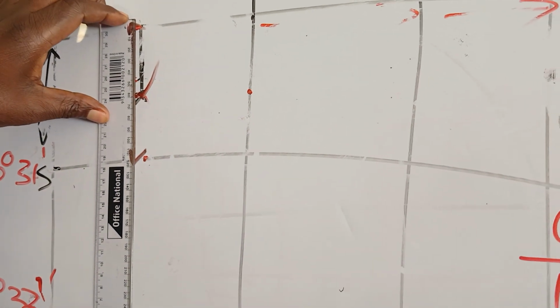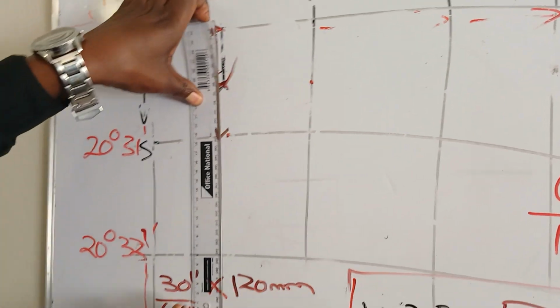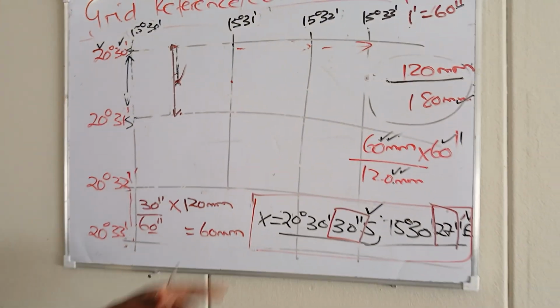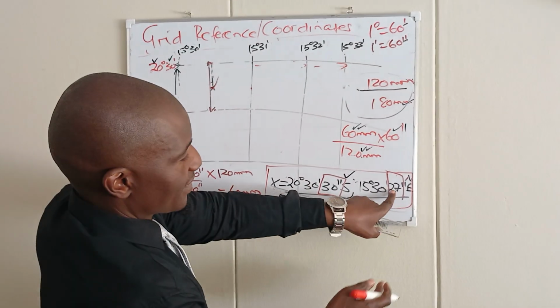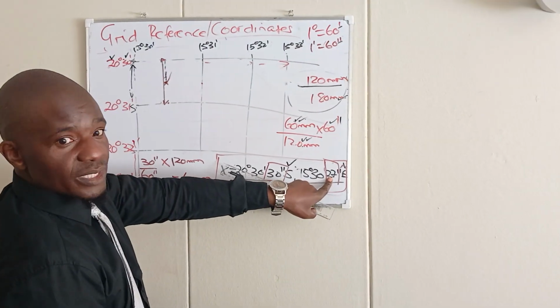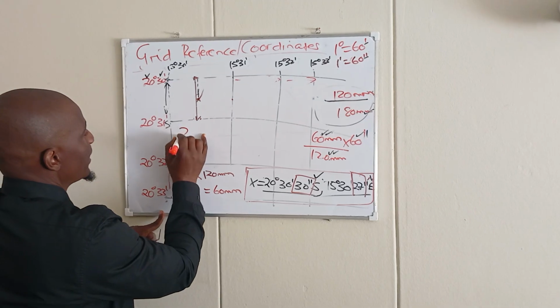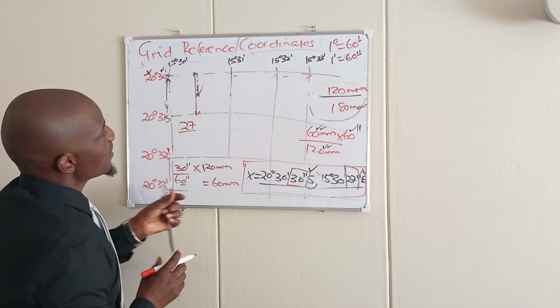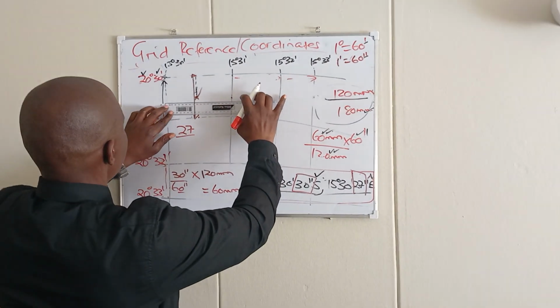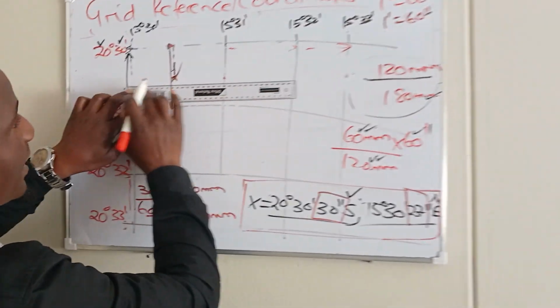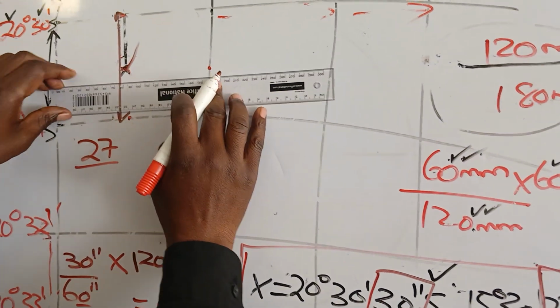I'm going to do it as well in relation to my longitude, okay? So to my longitude, I'll take my seconds, which is 27. So I'll say 27 over what is the length of my grid in relation to the longitude, 180.